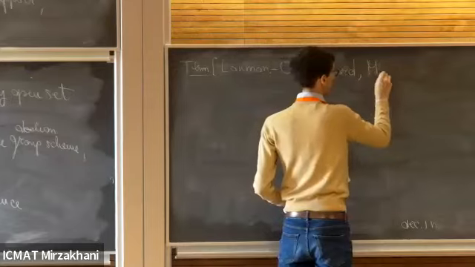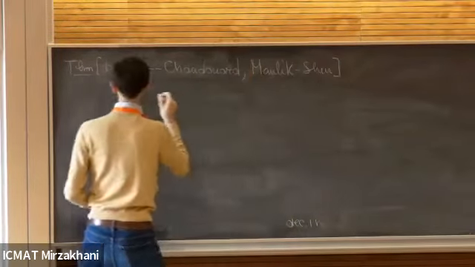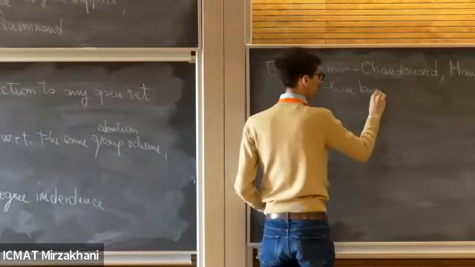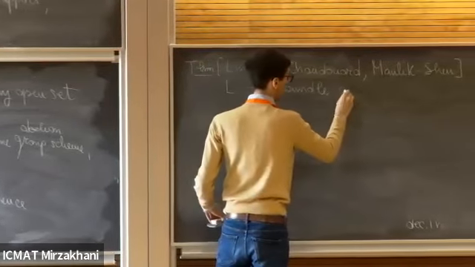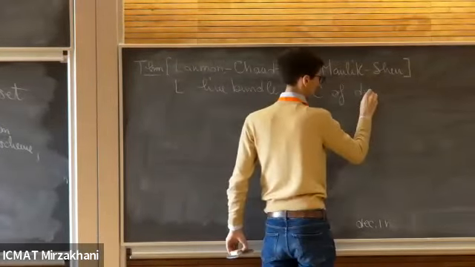And in general, by Mauri and Shen. If L is a line bundle on C of degree strictly greater than 2g minus 2, Mauri and Shen called this condition the Fano condition, because if you take a curve inside a del Pezzo surface, its normal bundle will have this property.